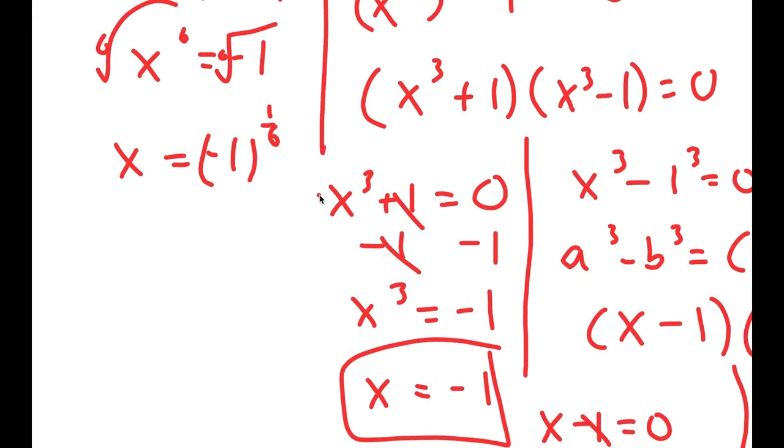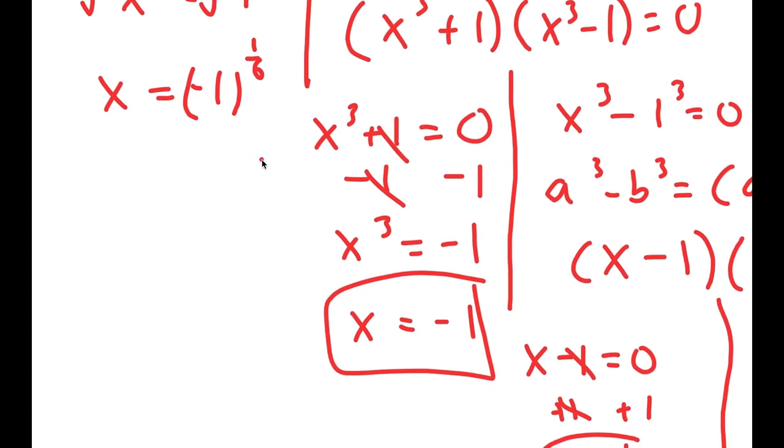So now, the 6th root of negative 1, we know that i is equal to the square root of negative 1, which is equal to negative 1 to the power of 1/2.